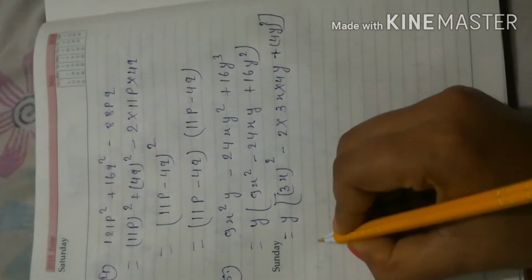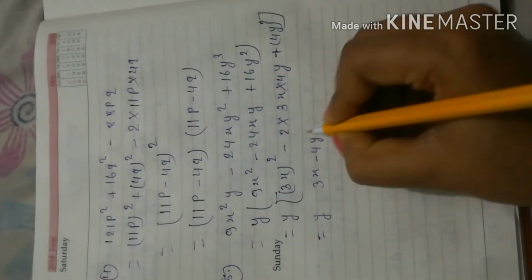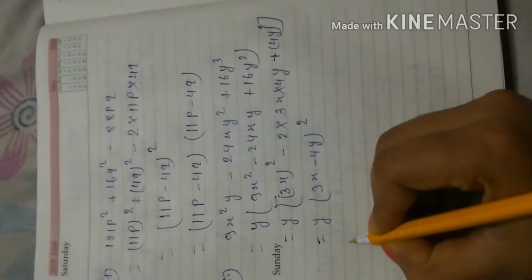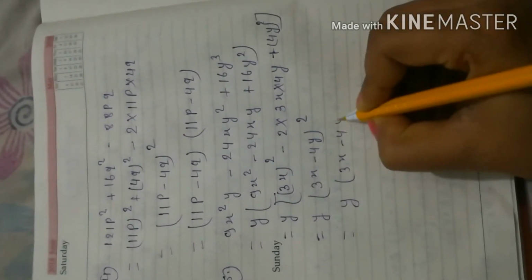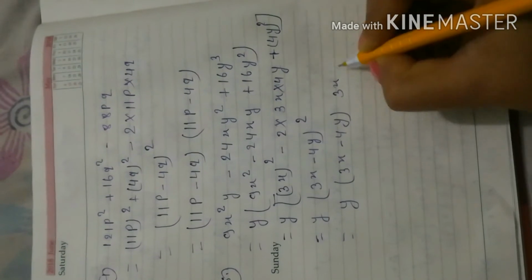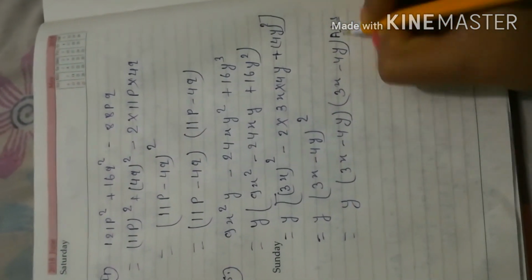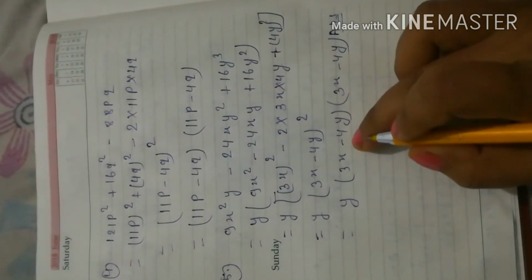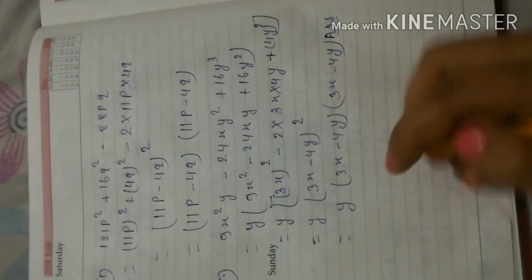And now we will write it in the form of (a minus b) whole square. Therefore, y into (3x minus 4y) into (3x minus 4y). See, it is converted in the form of product of two terms.